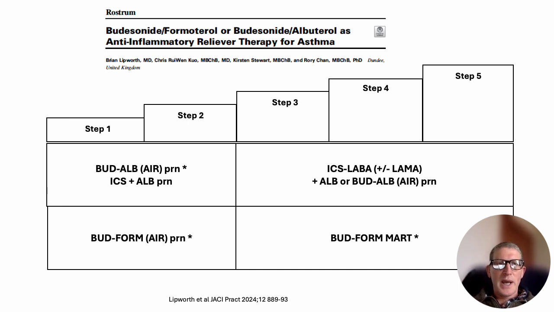But it's definitely not indicated at steps 3, 4 and 5 on its own, but it is indicated as additional rescue therapy instead of albuterol on top of regular ICS-LABA or regular ICS-LABA/LAMA inhalers. So I hope that's clarified where we are. At the moment in the US, budesonide formoterol is not indicated as either anti-inflammatory reliever therapy or as anti-inflammatory reliever plus maintenance therapy. And that's why we have budesonide albuterol over there.